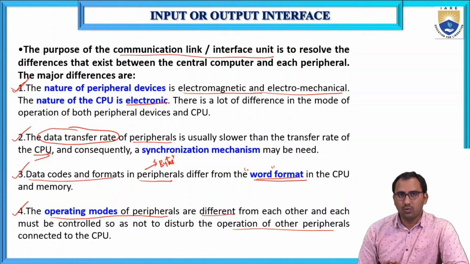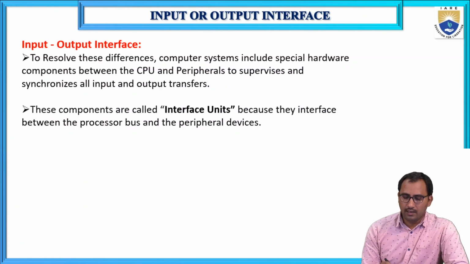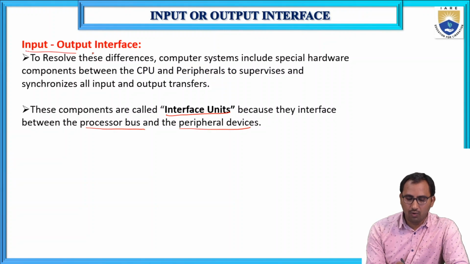In order to overcome all these differences that exist between the CPU and the IO device, we are using an IO interfacing circuit. These components are called interfacing units because they interface between the processor bus and peripheral devices. So this is an IO interface.